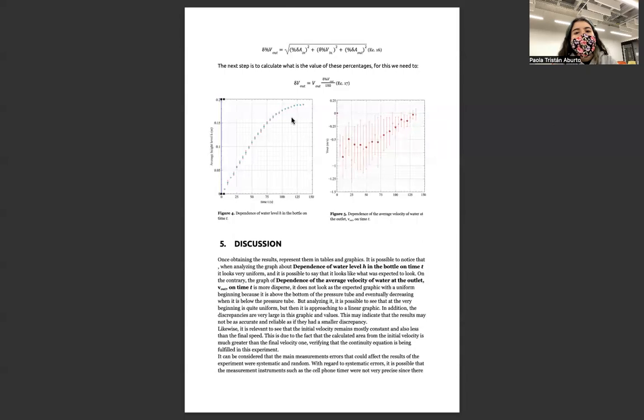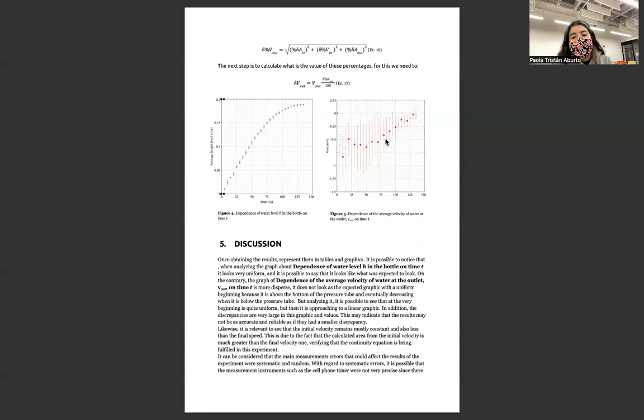Finally, we can make our graphs, which is the average time on the time t, and the average velocity of the water on time t. Once we obtain this, we can analyze that figure 4 looks very uniform, and it can be said that it looks like what was expected.